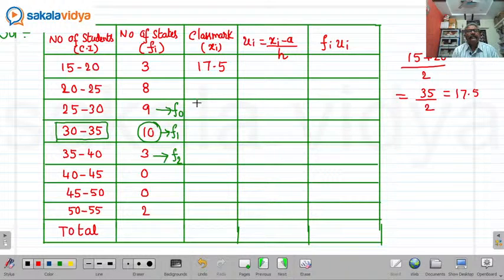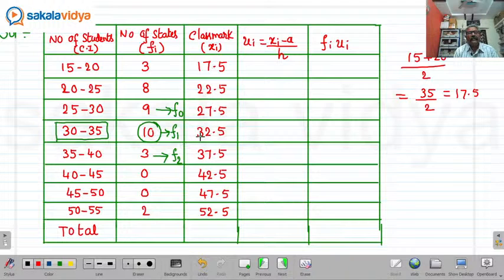17.5. So add 5, 22.5. Add 5, 27.5. 32.5. Go on adding 5: 37.5, 42.5, 47.5, 52.5. So you have 8 class marks.